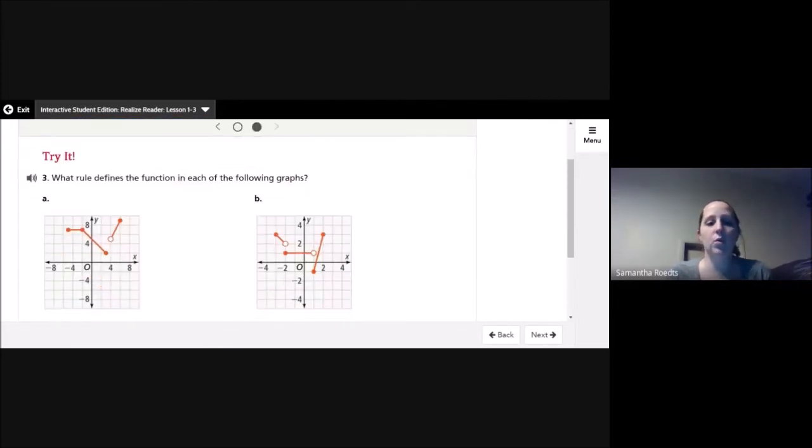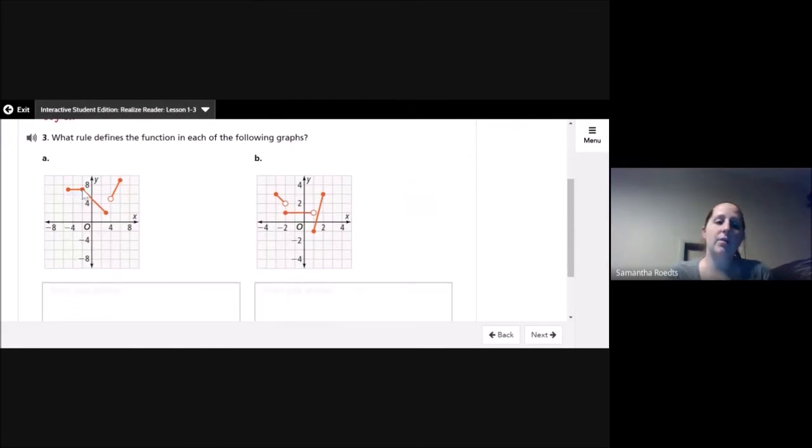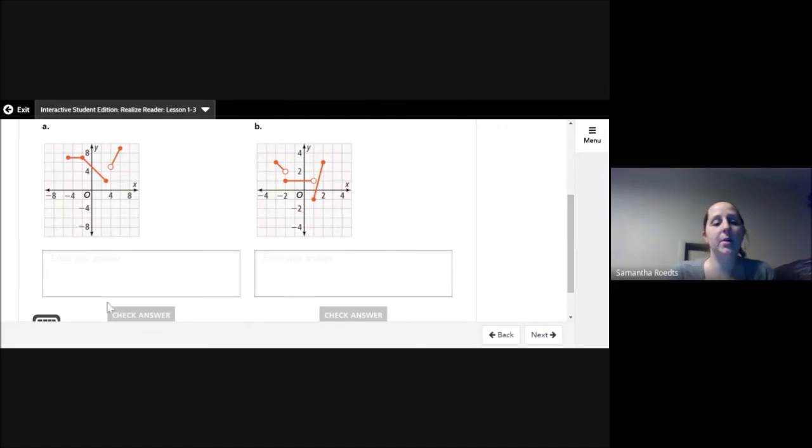All right, so what rule defines the function in each of the following graphs? So I have a piecewise function. So again, I'm going to create one.